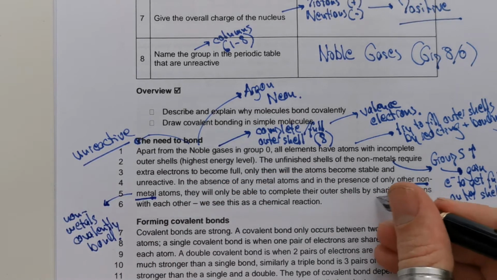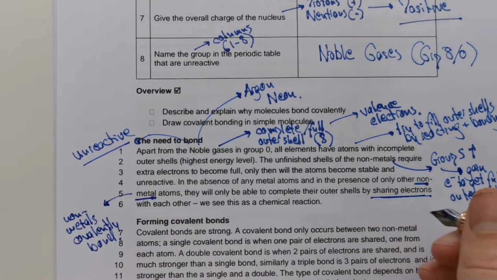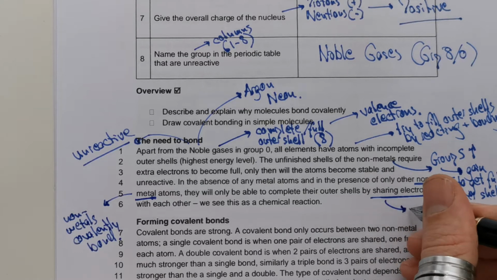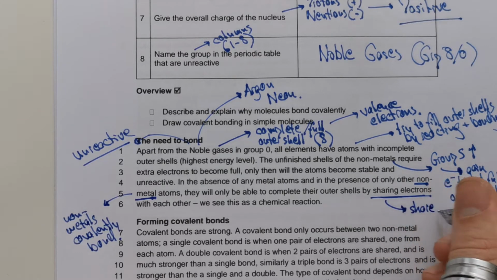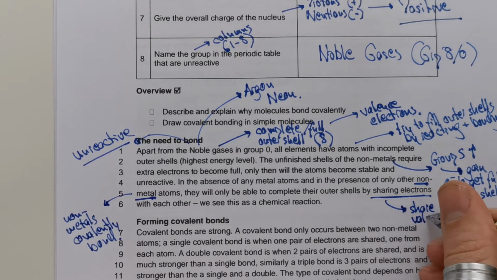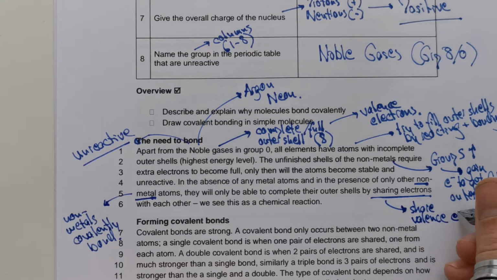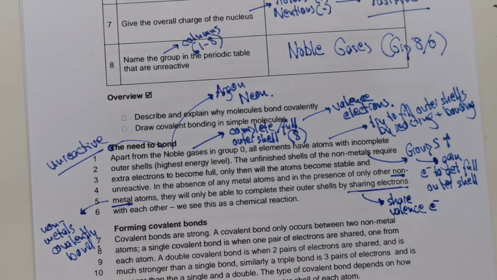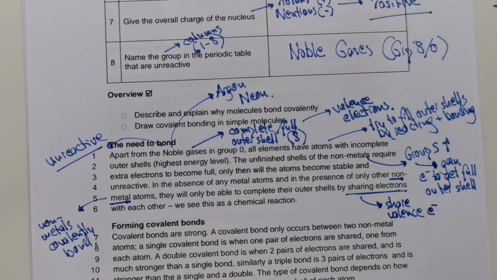And the other key attribute of a covalent bond is that they share electrons, or they share valence electrons to get a full outer shell. So that's our first key attribute of a covalent bond. It's between non-metals and they share valence electrons to get a full outer shell.